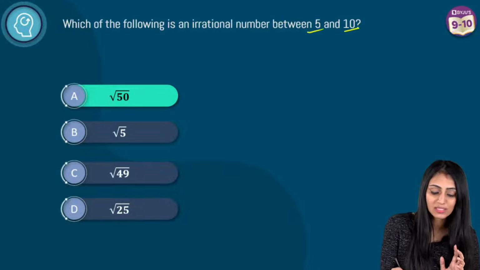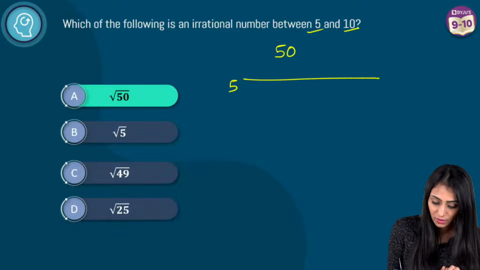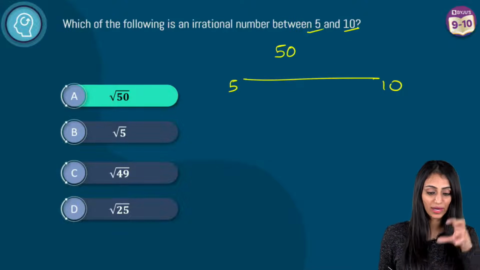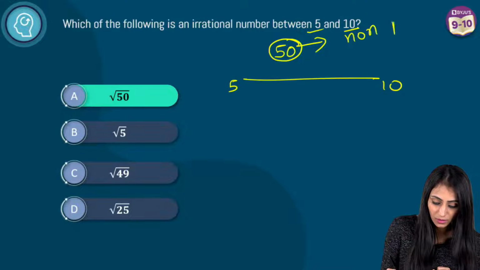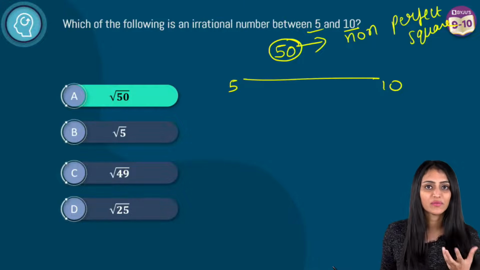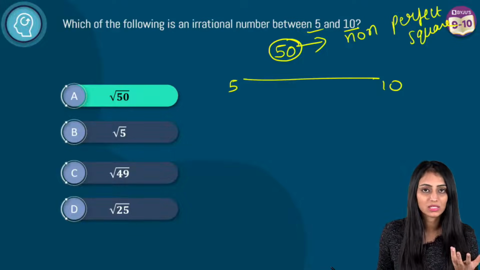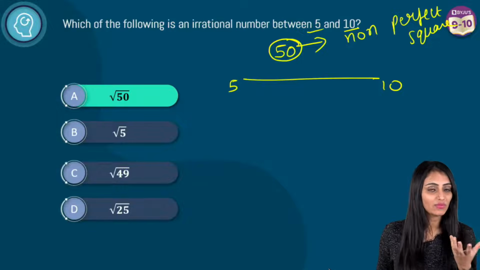See, these are two positive numbers, 5 and 10. Let's multiply them. Between 5 and 10 on the number line, we have to find an irrational number. The multiplication gives me 50. 50 is not a perfect square. You know what a perfect square is, like 16, its square root is 4; like 4, its square root is 2; like 25, its square root is 5.